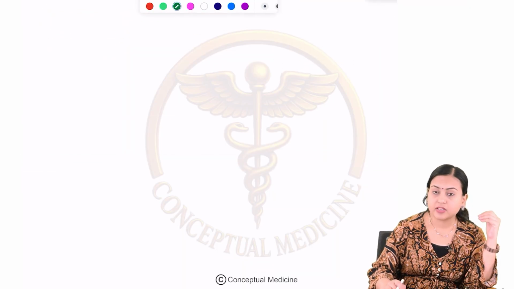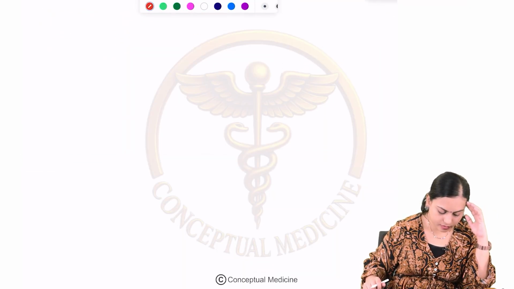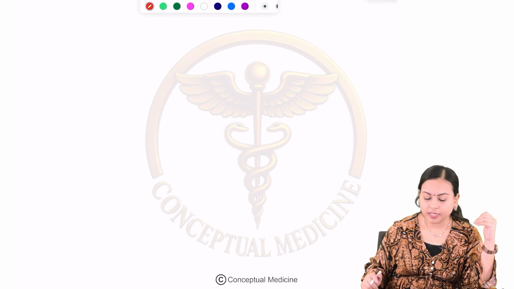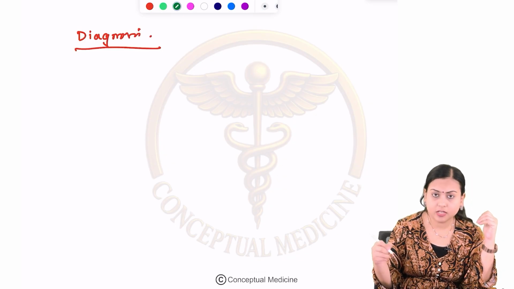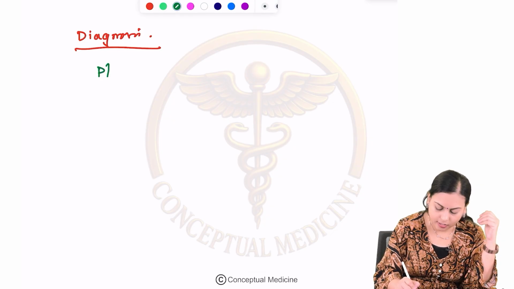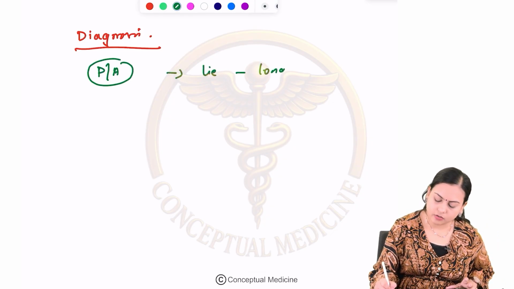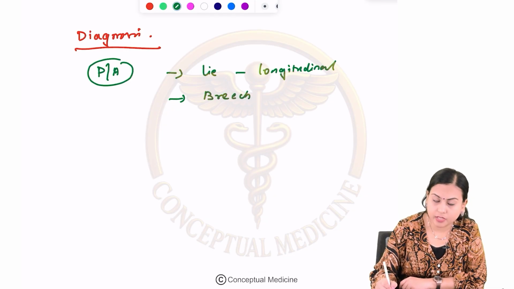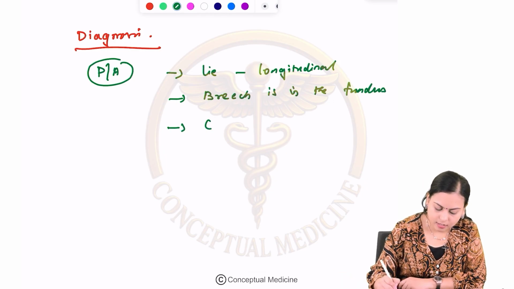We will see how the diagnosis is made, okay. So, diagnosis can be made by doing a per abdomen examination and per vaginal examination. Per abdomen examination shows the lie is longitudinal and breech is in the fundus, because it is going to be a cephalic presentation only, right.